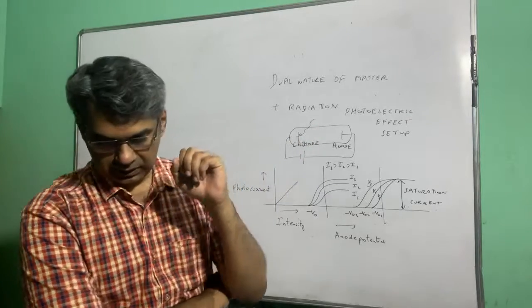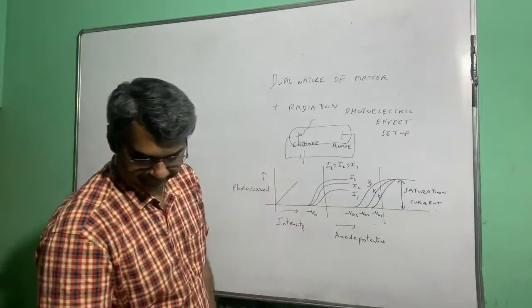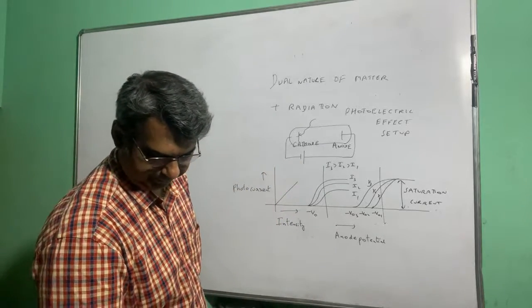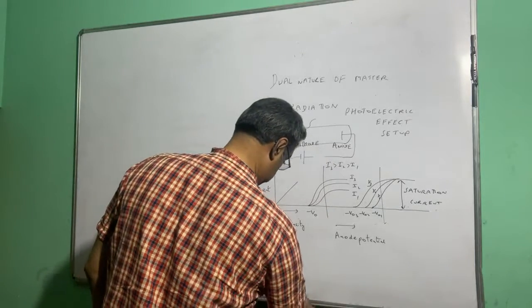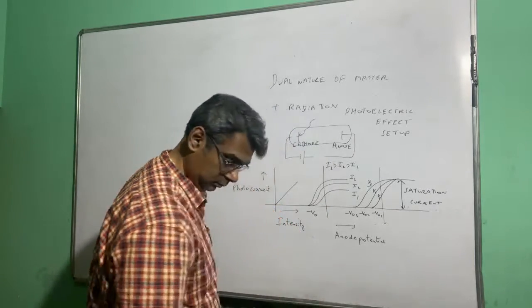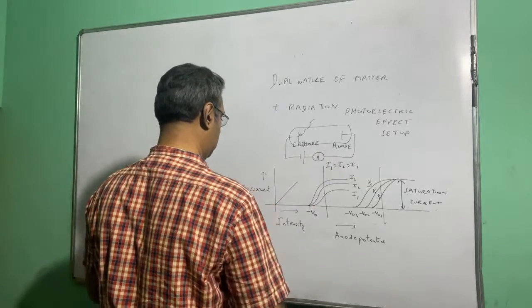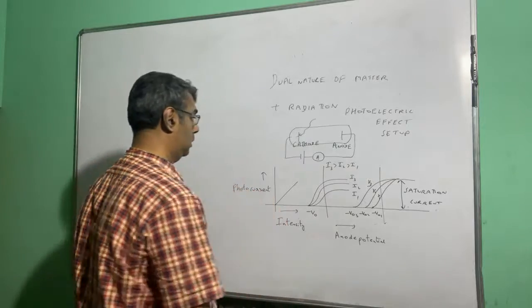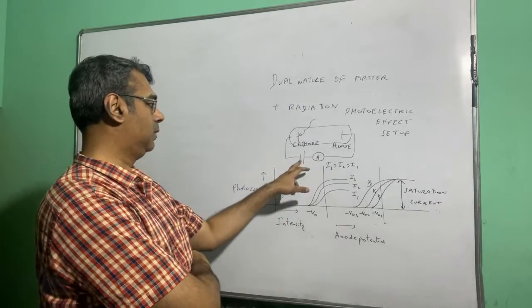Now there is a circuit over here, as you can see. There is an ammeter, a positive and a negative.